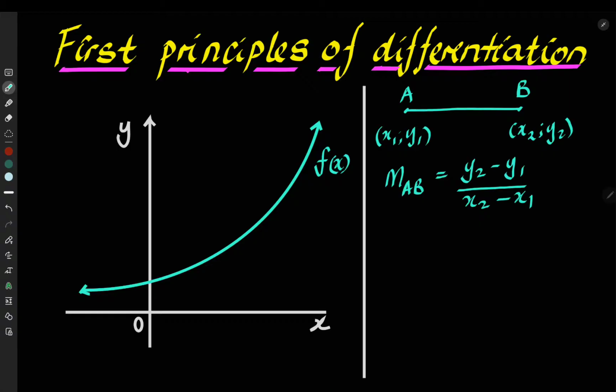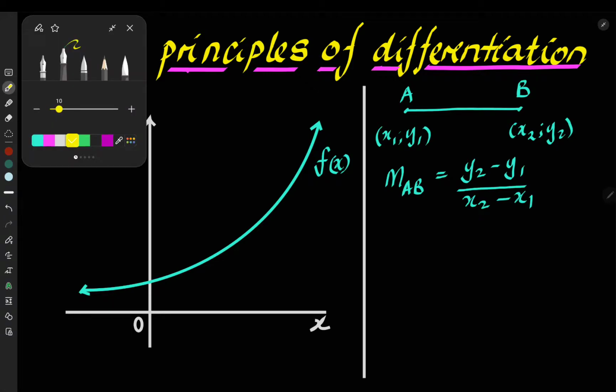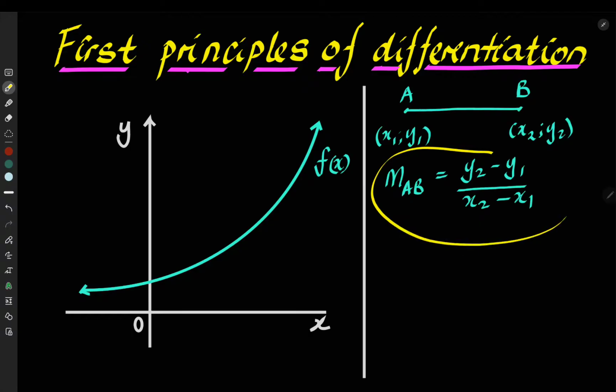So with that in mind, let's look at this graph here. Now, let's suppose you are given a curve. The difference between a curve and a straight line is that with a straight line, there is a constant gradient. That's why you can use this equation for a straight line to calculate only one single value for the gradient. But with a curve, the gradient differs along the curve, so it changes.